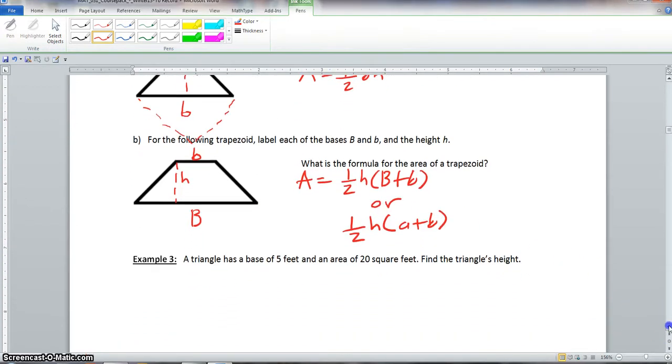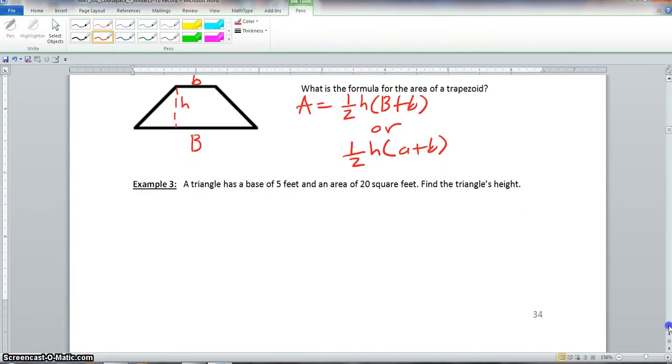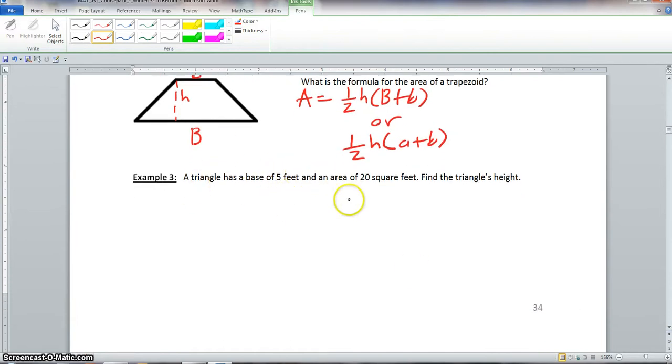Now we scroll down to example 3. It says a triangle has a base of 5 feet and an area of 20 square feet. Find the triangle's height. Okay, now the area of a triangle is area equal to half times the base times the height. So we have area is equal to 1/2. Now the base here is 5, so it'd be 5 feet.